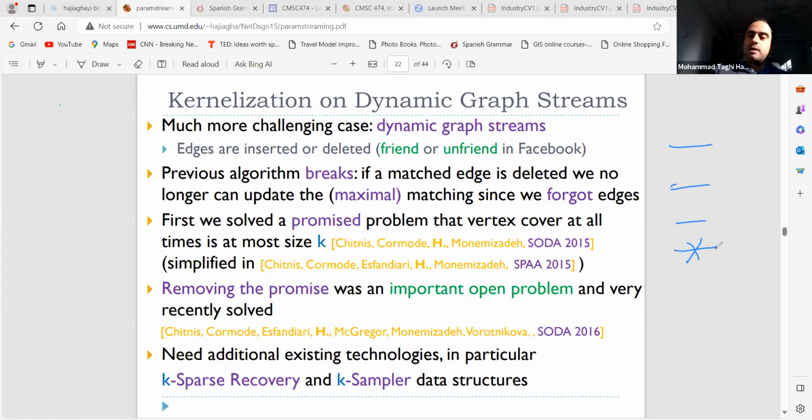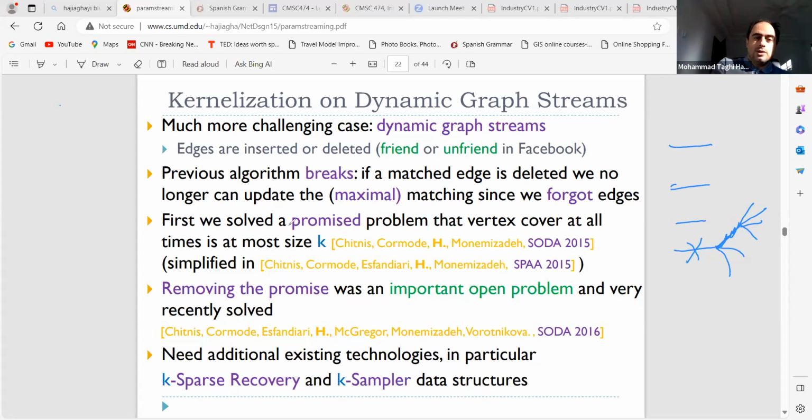And maybe some of the edges that you already forgot, you didn't keep them, you need them to make a maximal matching. Or even if you want to keep one of these adjacent edges, you may need to keep k vertices for this vertex as well. That's what makes it complicated. So this algorithm does not work for the maximal matching case when we have both insertion and deletion.